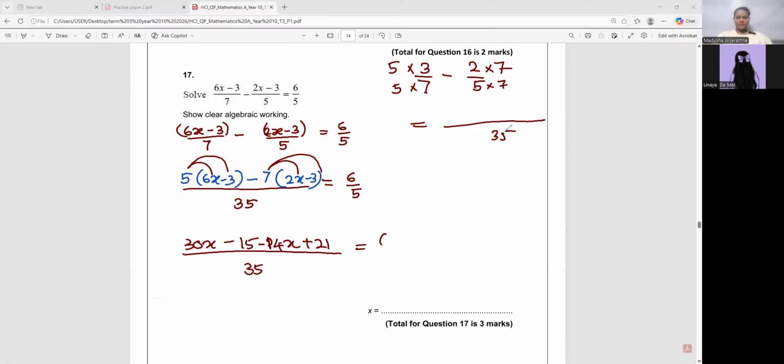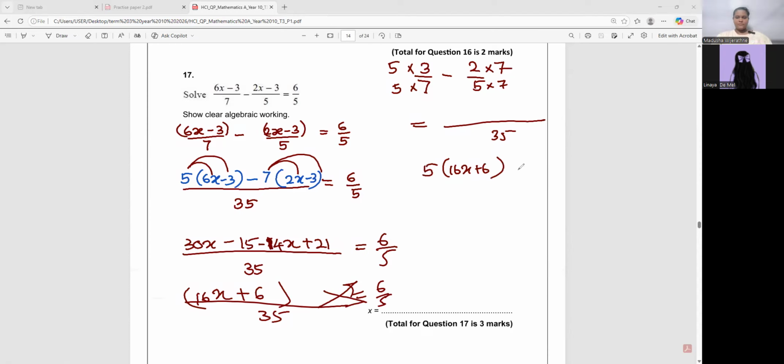Then simplify the like terms in the numerator. 16x plus 6. Yes, plus 6, over 35, equals 6 over 5. Then cross multiply it. 16x plus 6 times 5 equals 6 times 35.